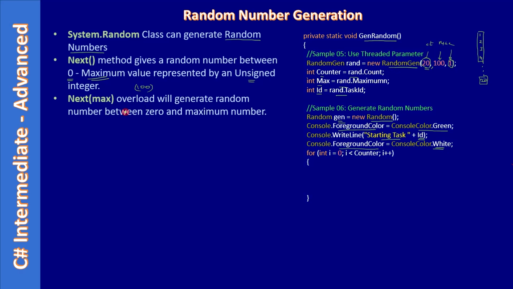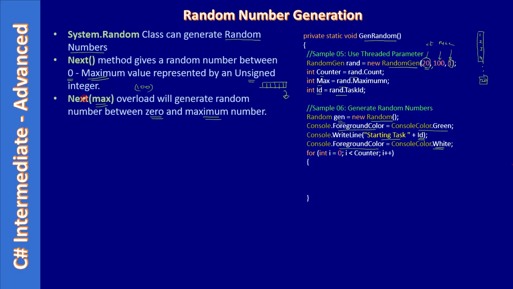So this is one method. Next method gives a random number between 0 and maximum value represented by an unsigned integer. The max will give a random number between 0 and the maximum number whatever we specify. So if we don't specify this max parameter, then the maximum value that can be represented by an unsigned integer is the range we will cover here.